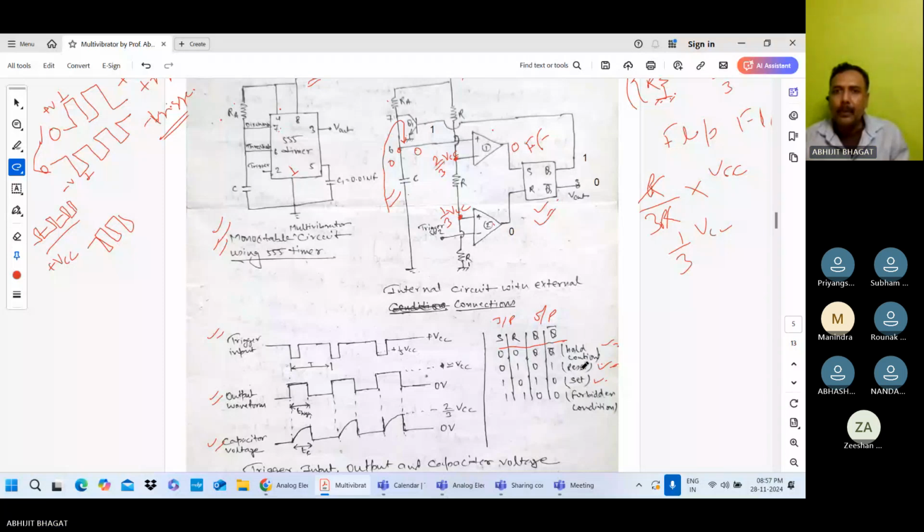Clear? So set and reset are the two conditions, and when both are 1, S is 1 and R is 1, Q and Q bar are don't care.